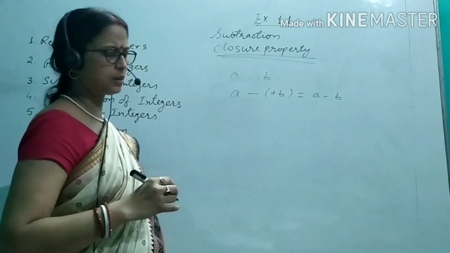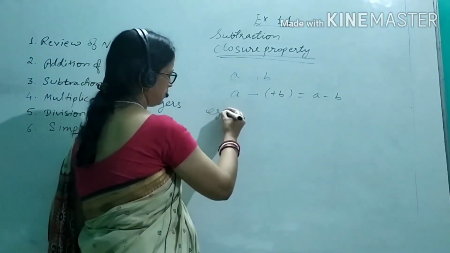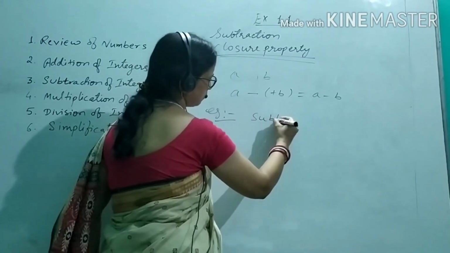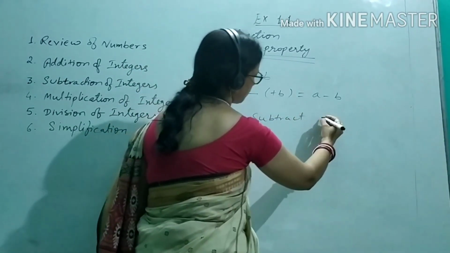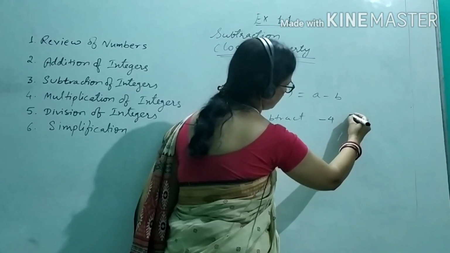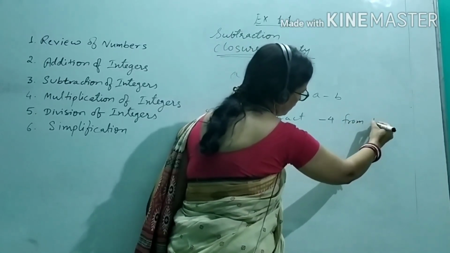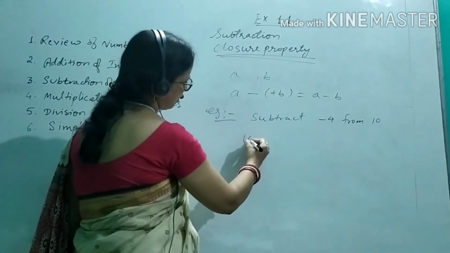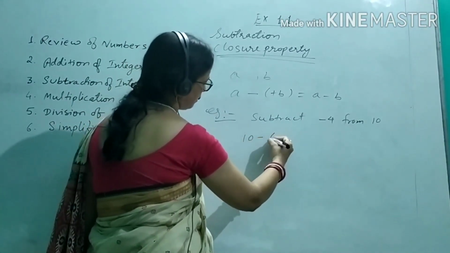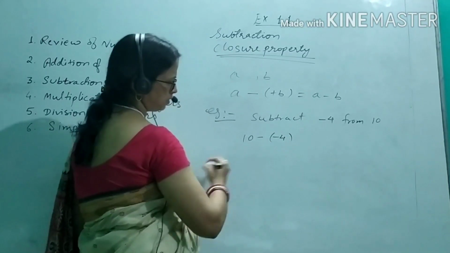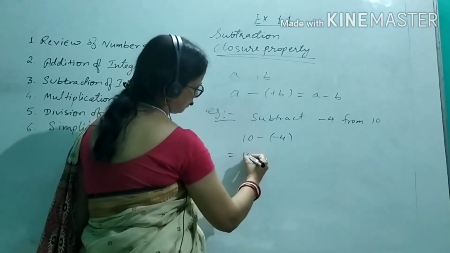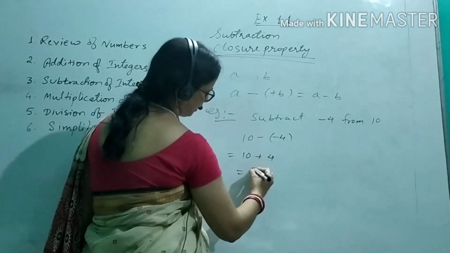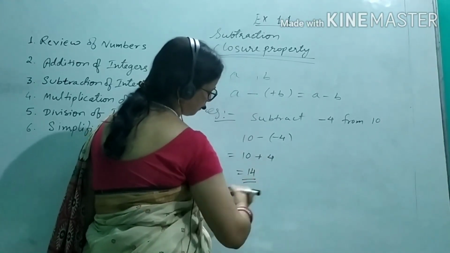Now some examples I would like to discuss. Suppose a question is: subtract minus 4 from 10. How can we write this? Just see, children: 10 minus minus 4. The answer will be 10 plus 4.